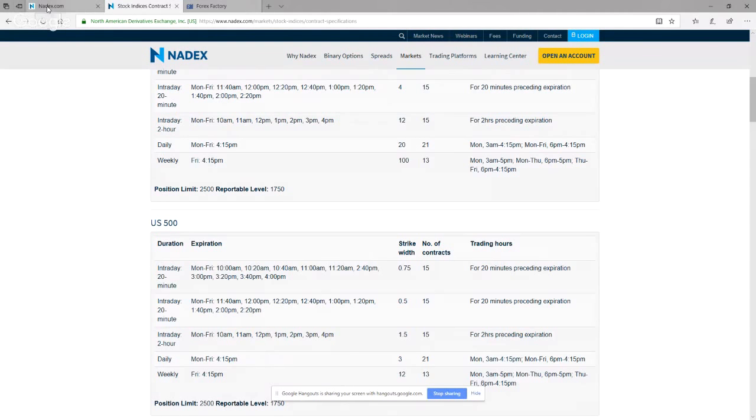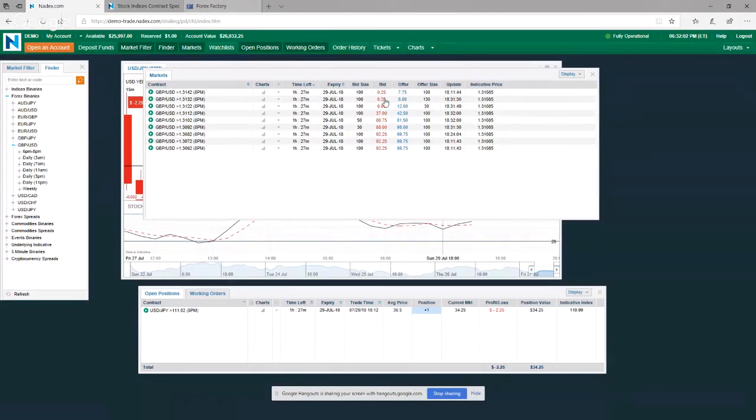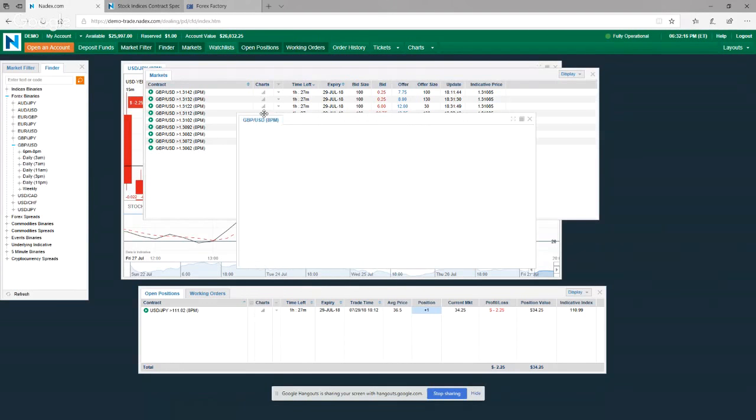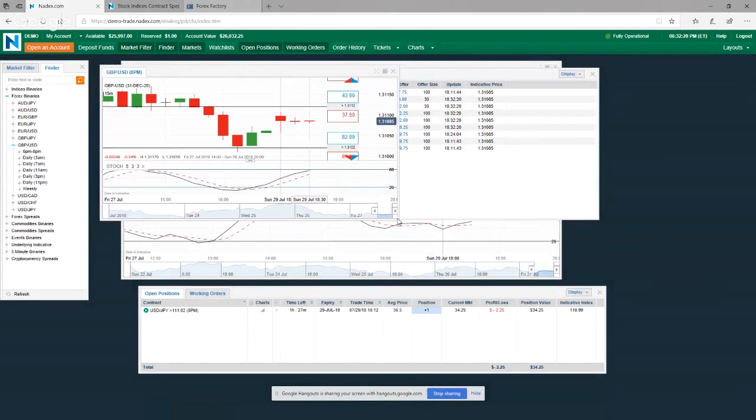But then again, if you come over and let's say you look at the British pound, right now the current price where it's trading at the money is 31.12, but you could go out of the money at 31.02 for $20. What is the most important thing about that?